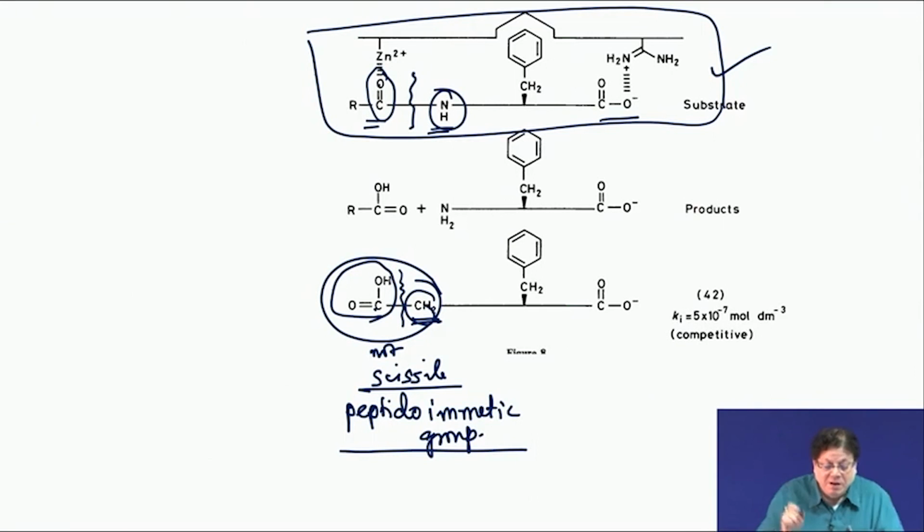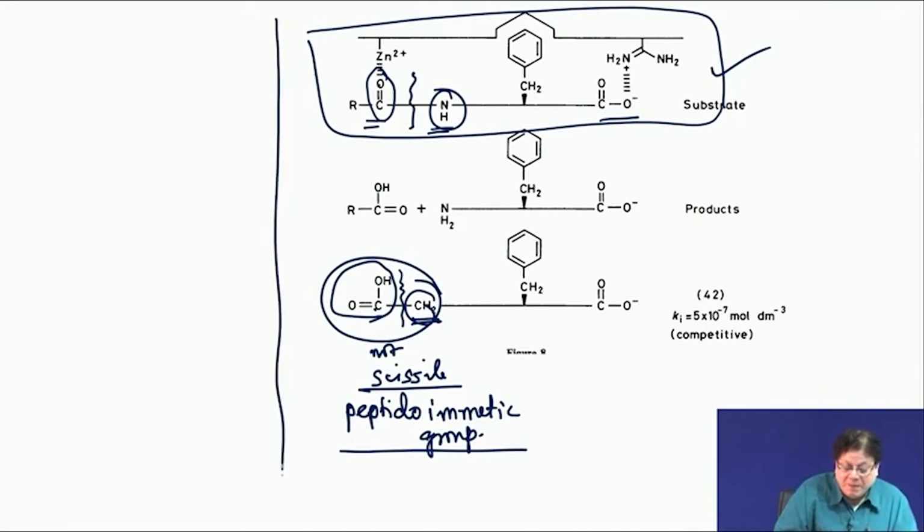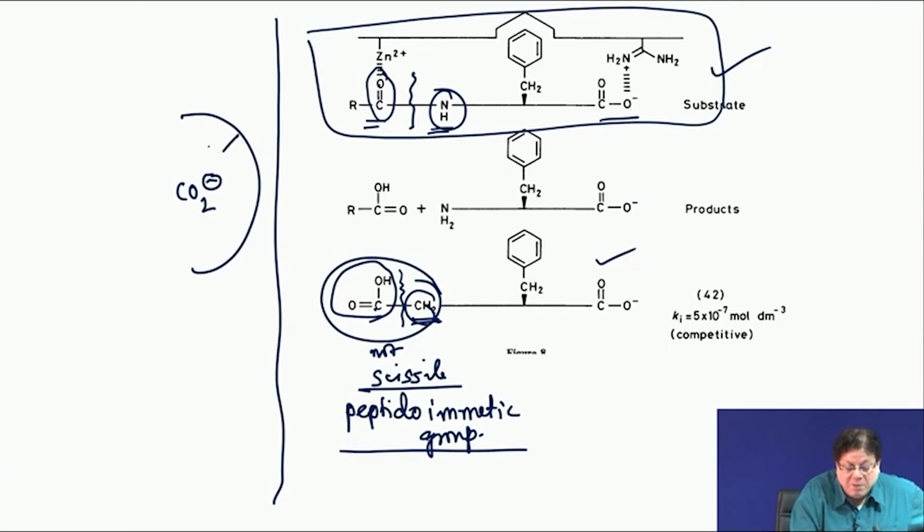Okay. Now, this was found to be a very good inhibitor of carboxypeptidase. Why is it a very good inhibitor? It has the CO2 minus, which is bound to this positive charge by electrostatic interaction or a salt bridge, and then you have this phenyl group.